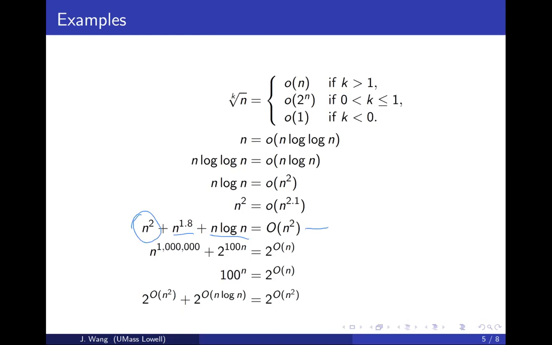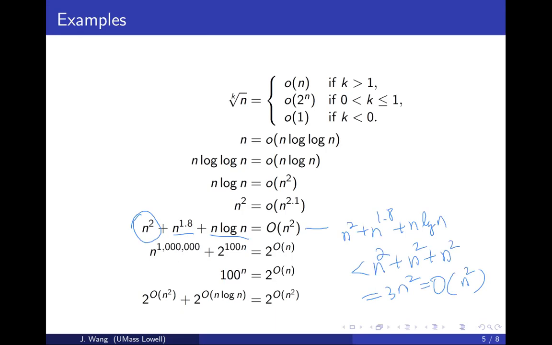So that is simply big O of n squared, because n squared plus n to the 1.8 plus n log n is less than n squared plus n squared plus n squared, that's 3n squared, which is just big O of n squared.